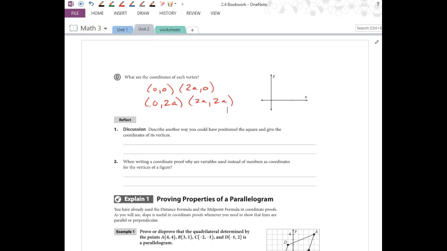As opposed to plugging in a single number like 1, which might work or might not. I don't know if it works for every number. If I use a variable, I know it works for everything.